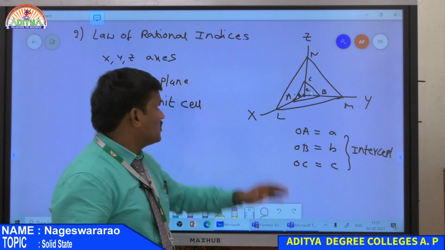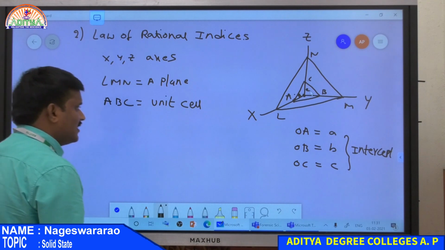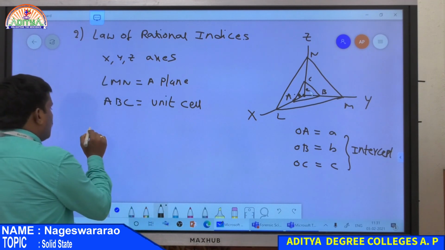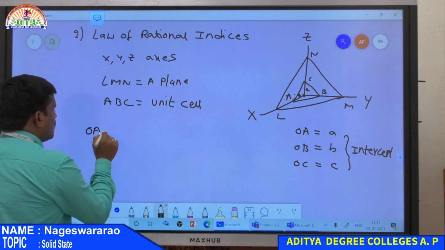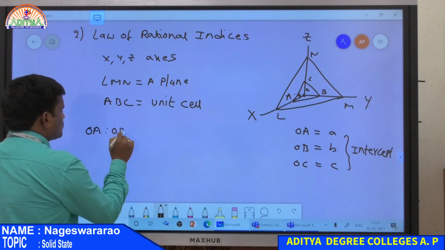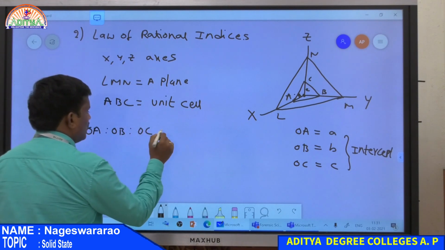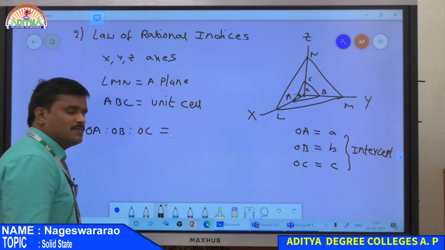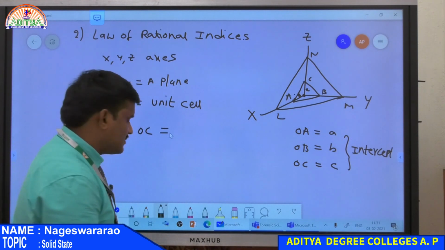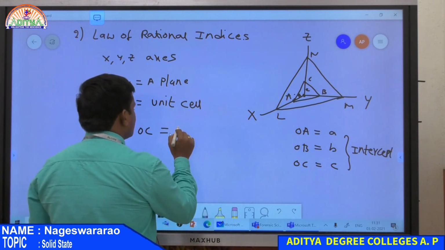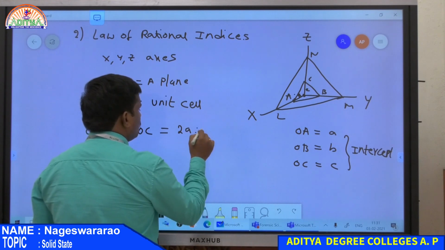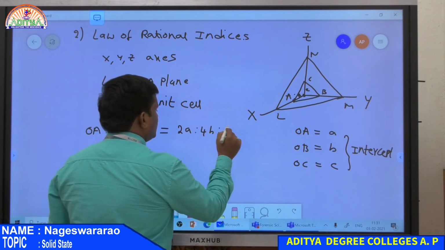Now according to the second law, that is the law of rational indices, the ratio of intercepts, that is OA is to OB is to OC, is always in simple whole numbers, that is, its values are equal to either 2a is to 4b is to 3c.